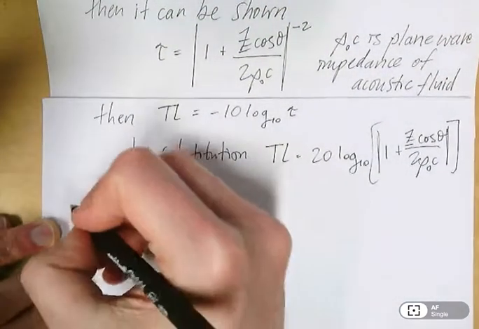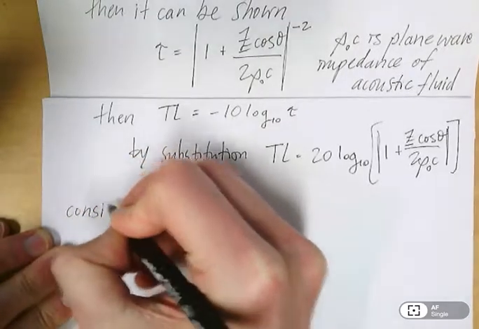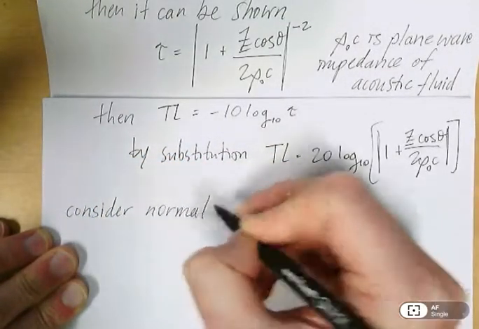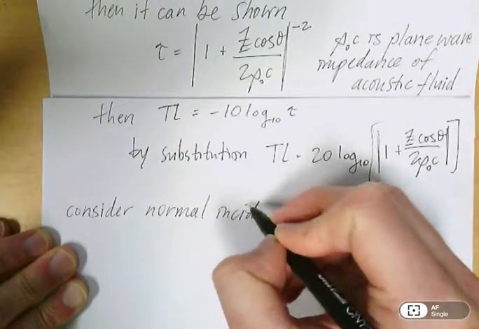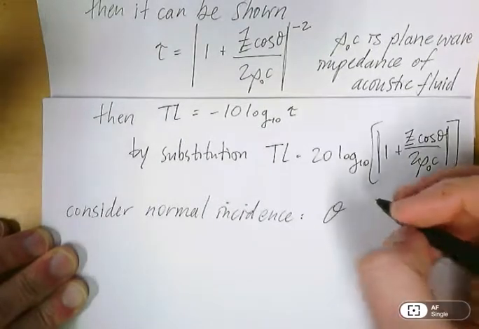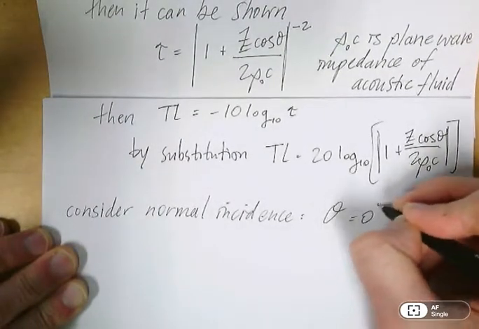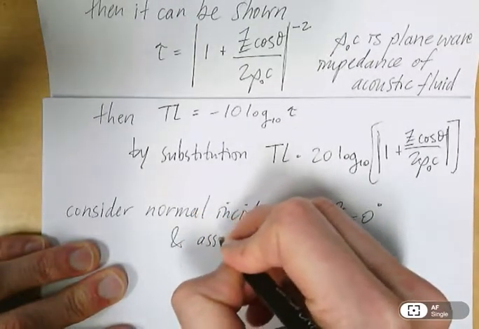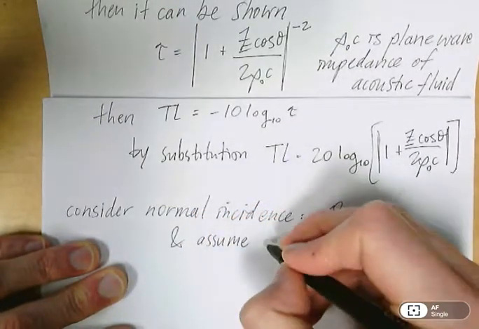So let's consider normal incidence acoustic waves, such that the oblique angle is 0, and assume that our loss factor is much less than 1.